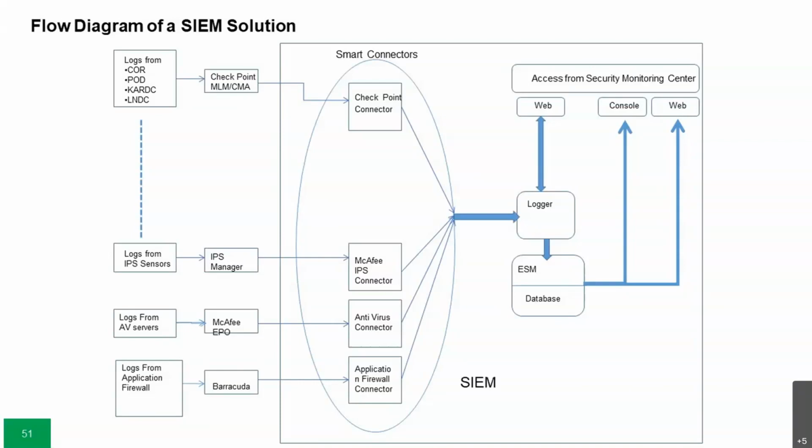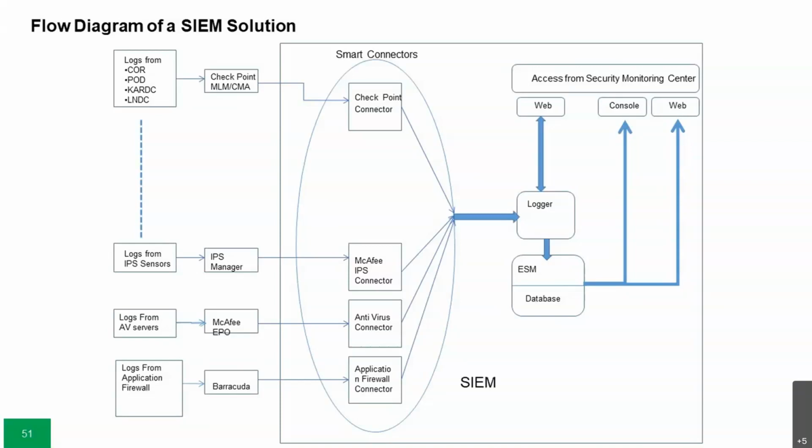These logger devices are connected to the enterprise security management server, the ESM server. Here, aggregation and correlation of these logs take place in the ESM. A database is maintained of the logs of the various devices of the organization.